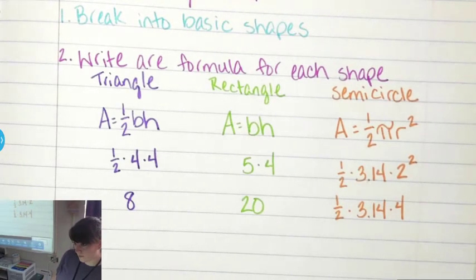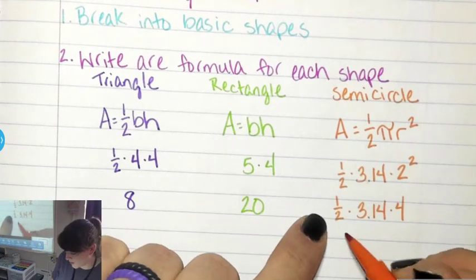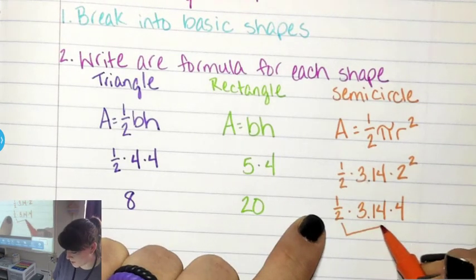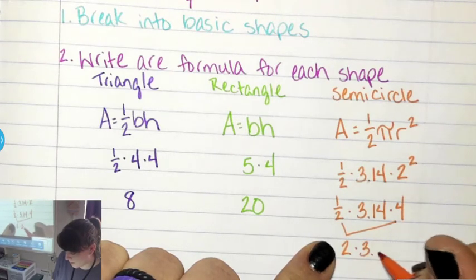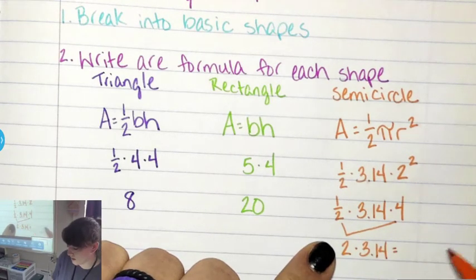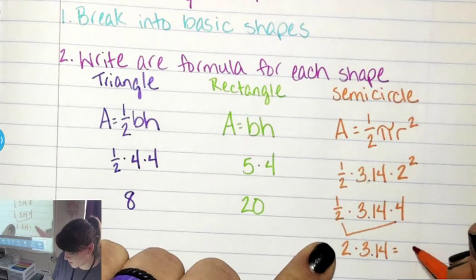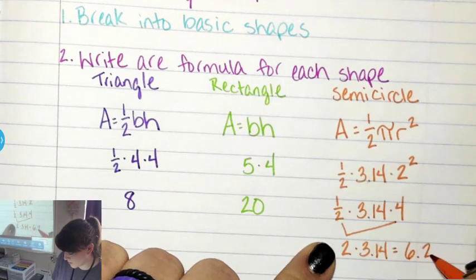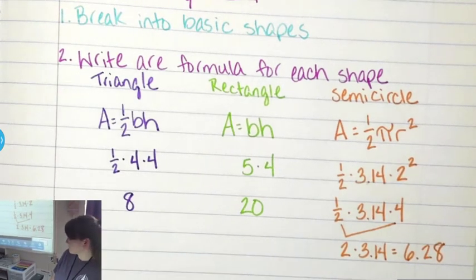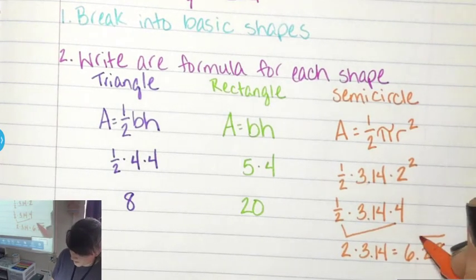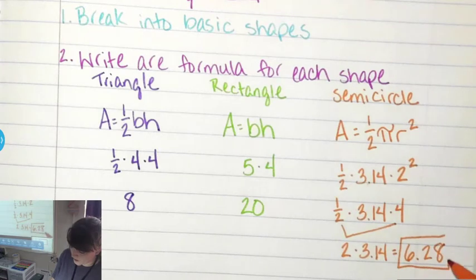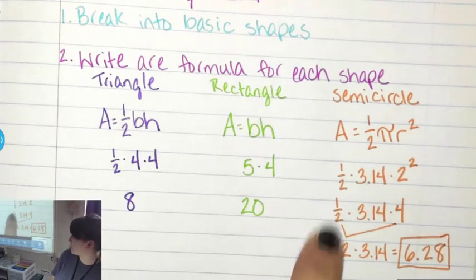Half the 4. So, half of 4 is 2. 2 times 3.14, 6.28. So this is the area of my half circle.